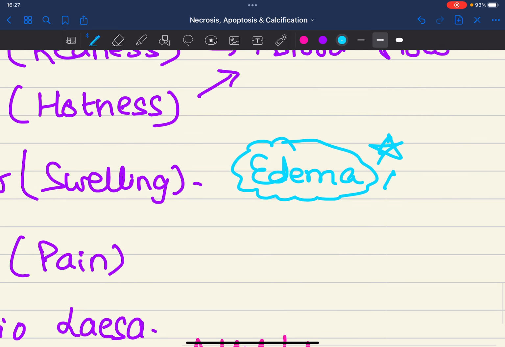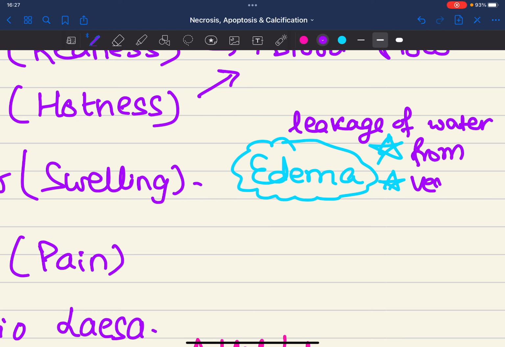What is edema? It is the leakage of water from vessels into the tissue, and there is swelling.